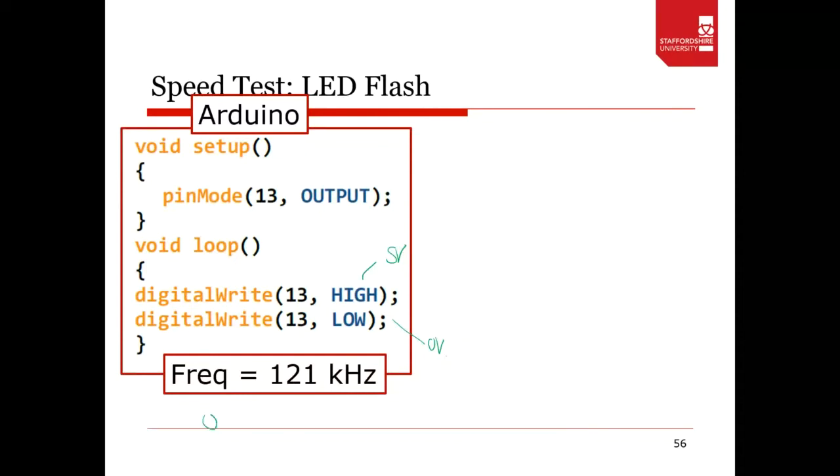Now, if you look at this on an oscilloscope, how do we find out the frequency? We would look at the high and the low and measure that time. And the frequency is 1 over the time. And this can be measured as 121 kilohertz. Obviously, we can't see that with our own eyes, which is why we need to use an oscilloscope.